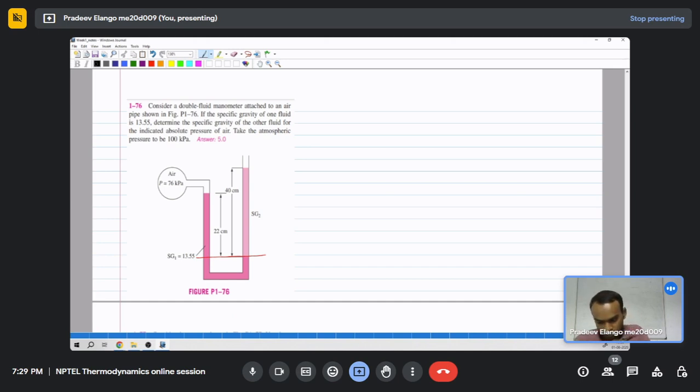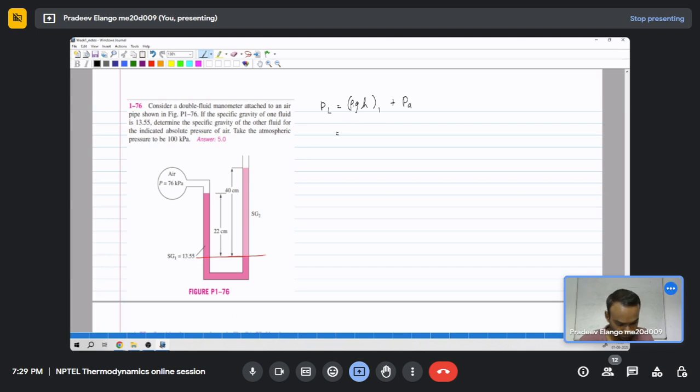Now if we write the pressure on the left hand side, we have rho gh of the mercury column, or it is fluid 1, plus pressure of the air inside the container.